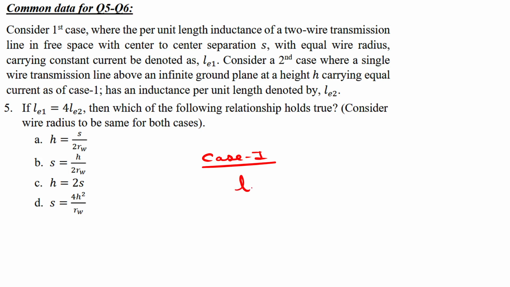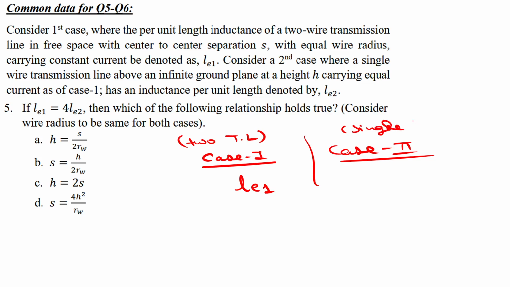inductance per unit length is denoted as Le1. Now there is a second case, we have to consider case 2, where a single wire transmission line, okay, here is a two wire transmission line, here is a single wire transmission line, for which the inductance per unit length is taken as Le2, where a single wire transmission line above an infinite ground plane at a height h carrying equal current as case 1.